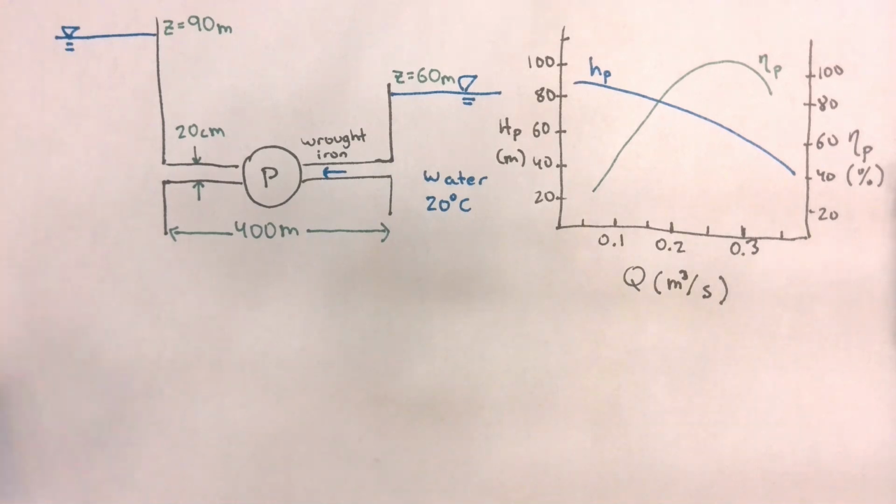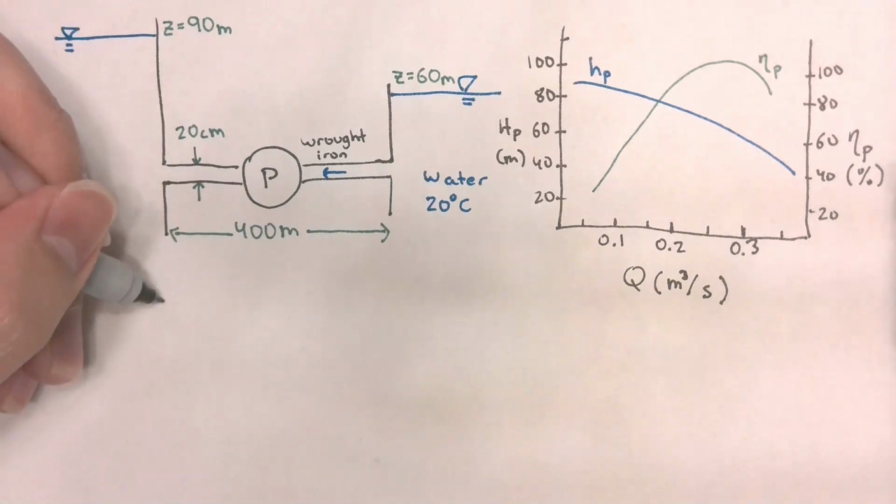All right, so the very first step is to write down the energy equation for steady uniform flow. If you guys forgot that equation, that's okay. I remember it because I know.